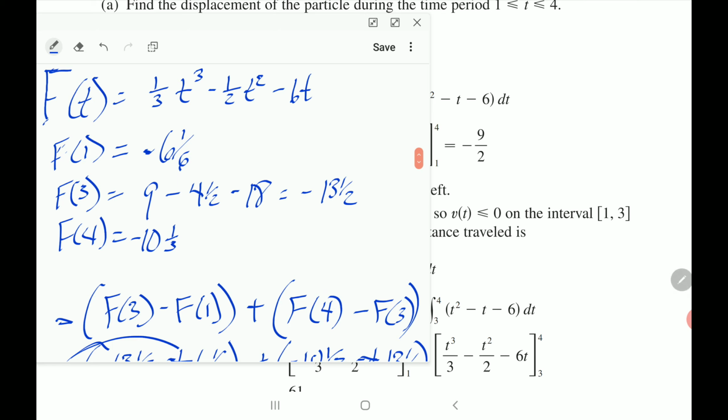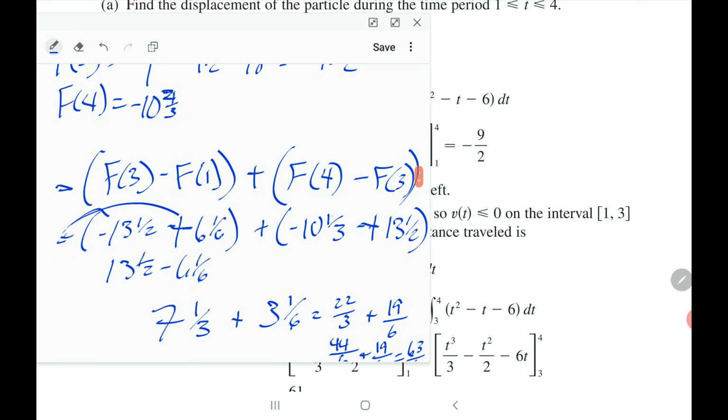Negative 13.5, I'm good there. That's where I'm wrong. It should be 2/3. Why should it be 2/3? Plug in 4. Okay, never mind.